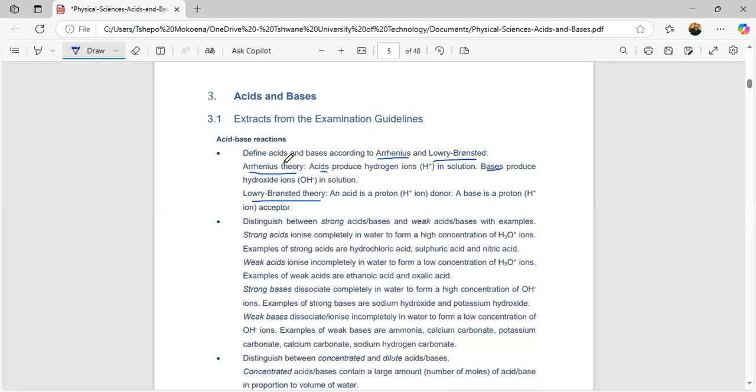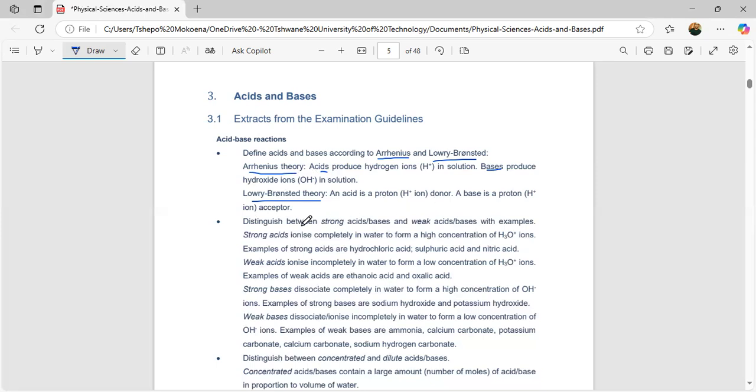So that's Arrhenius. Later on, during the studies of acids and bases, two scientists came along to solidify this definition of acid and base: Lowry and Brønsted. Their theory postulates that an acid is a proton donor and a base is a proton acceptor.